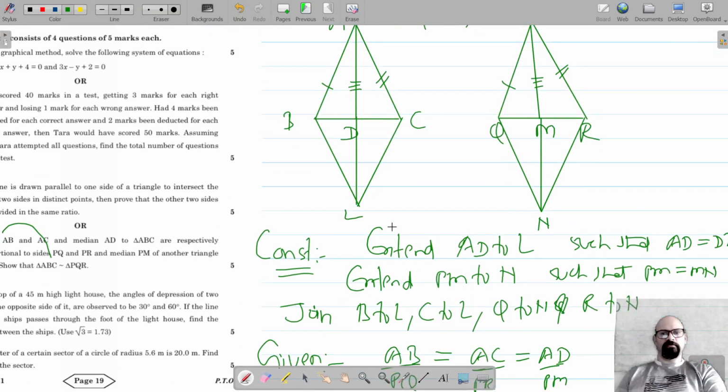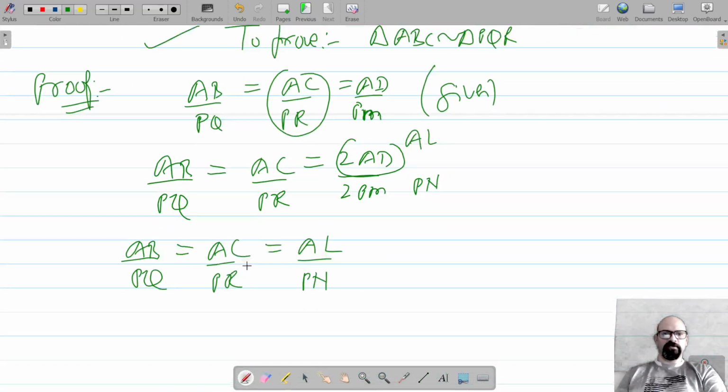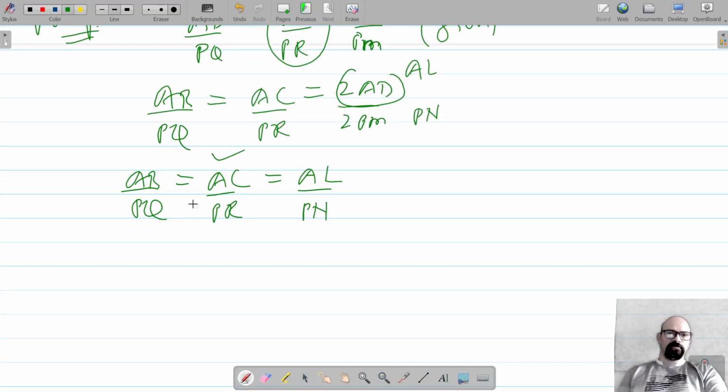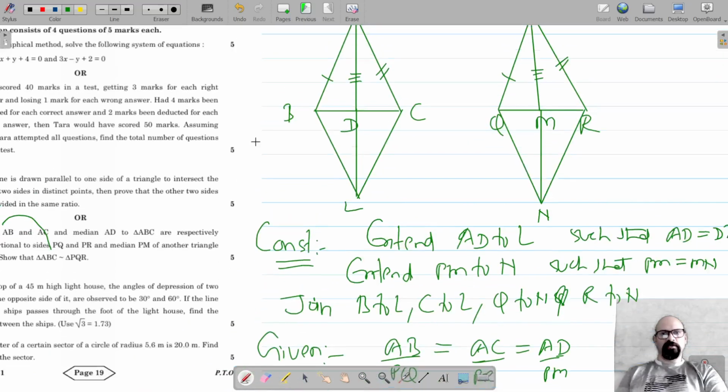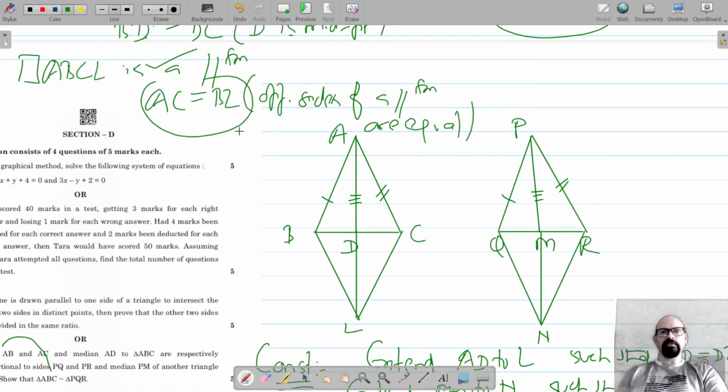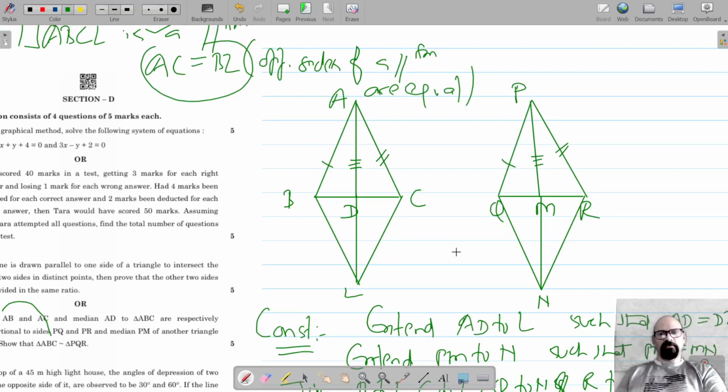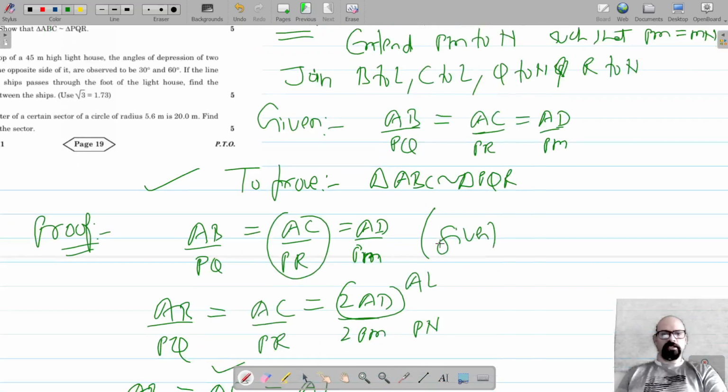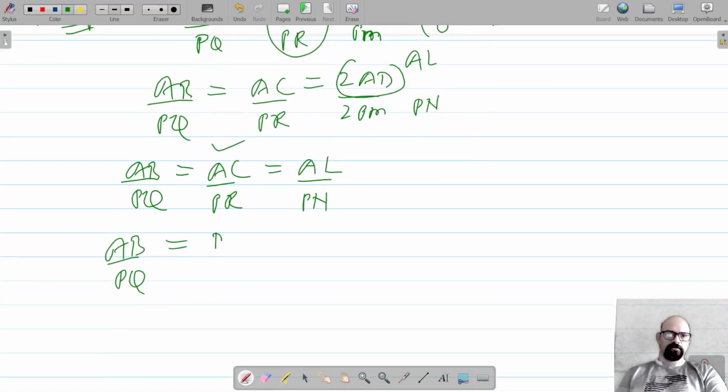So I'm going to replace the value here. Instead of AC, I'm going to write, so this is AB by PQ, and AC is equal to BL and PR is equal to QN. So BL and QN is equal to AL by PL.